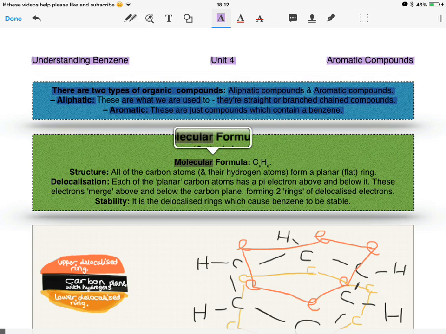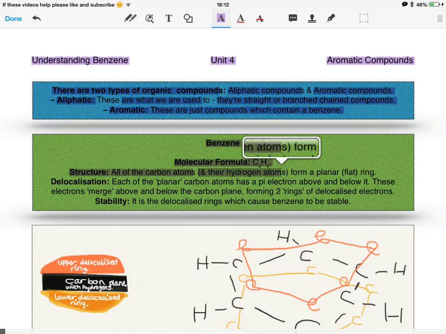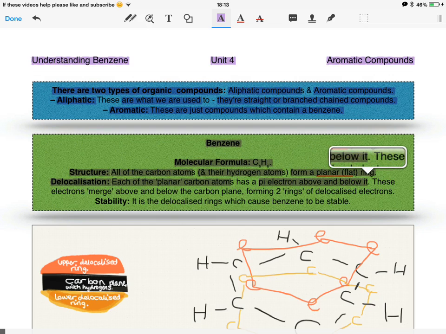Benzene has the molecular formula C6H6. Its structure is all of the carbons and the hydrogen atoms form a planar ring, and planar just means flat. The delocalization, well, each of the planar carbon atoms has a pi electron above and below.